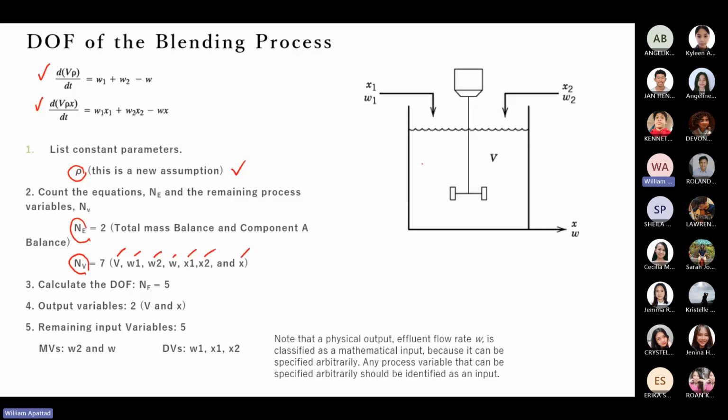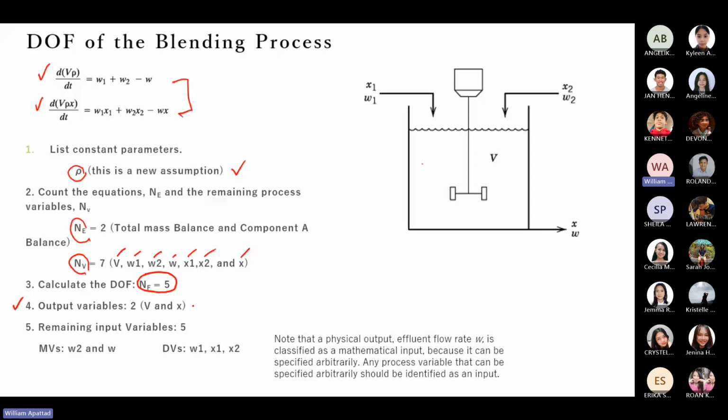So we have to calculate the degree of freedom, and degree of freedom is equal to 5. Okay. So fourth step is output variables. So dalawa lang dapat ang output variables natin, kasi dalawa lang ang equation natin. Okay? So hindi natin masosolve yan kung gawin nating mas mataas or mas mababa ang output variables.